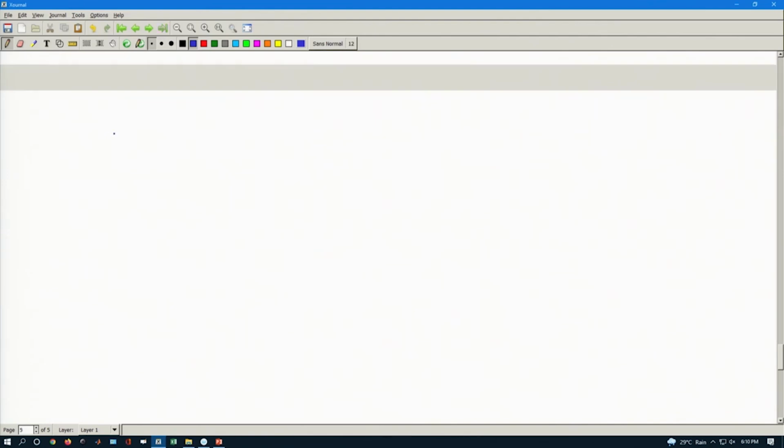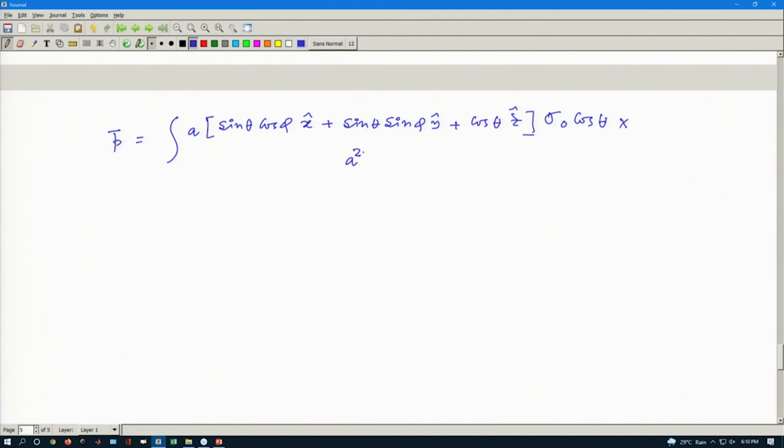So simply my p will be the integration of the whole quantity, that is sin theta cos phi x unit vector plus sin theta sin phi y unit vector plus cos theta z unit vector, that is my r, and rho that is given, sigma 0 cos theta, and then ds, which I calculate again, is a square sin theta d theta d phi. So this is the entire integration. I need to now integrate.